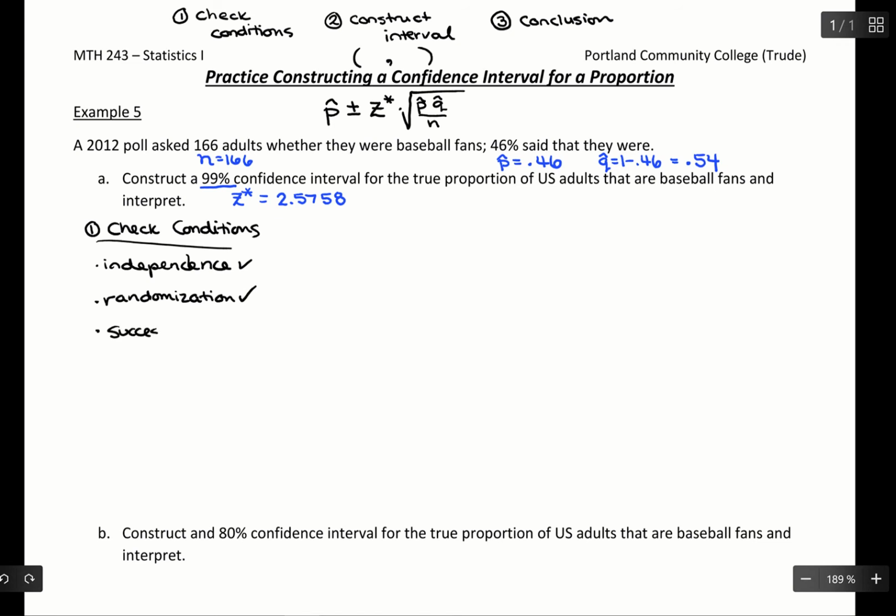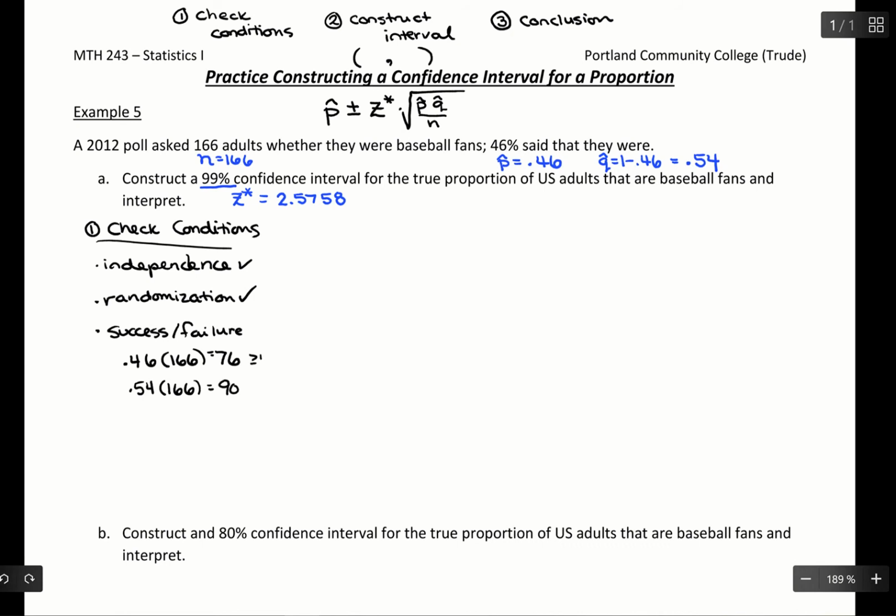And then the success failure, what we need to do is take 46% of 166 and take 54% of 166, and make sure those values are larger than or equal to 10. So this is about 76, and this is about 90.